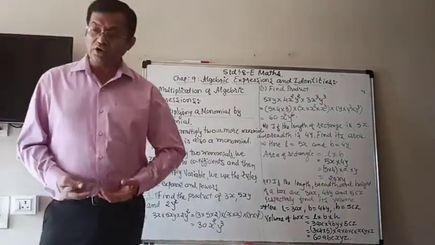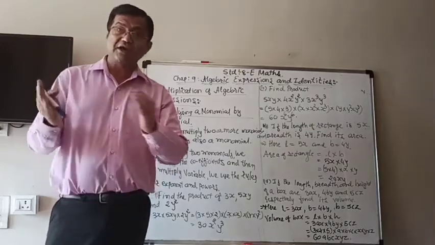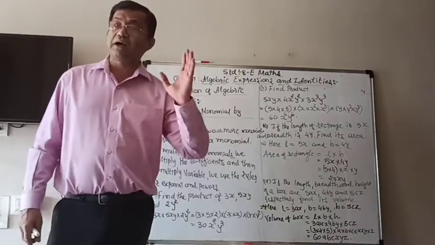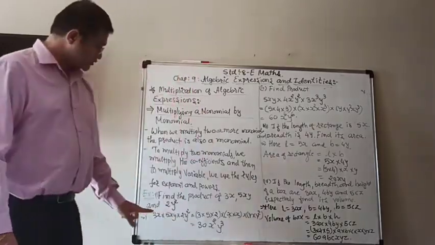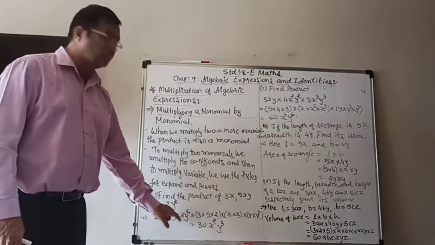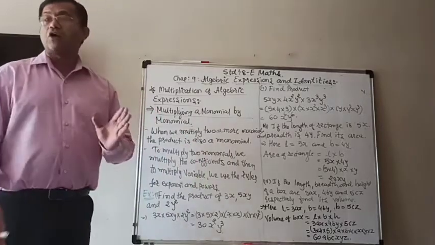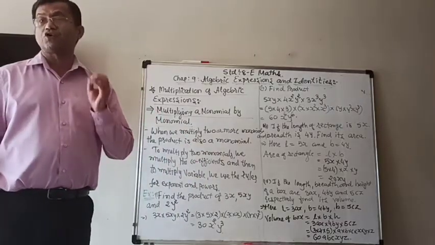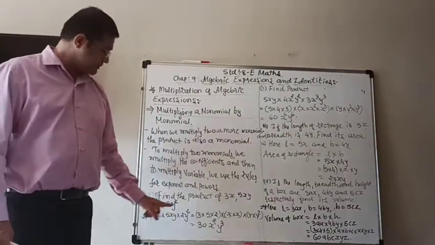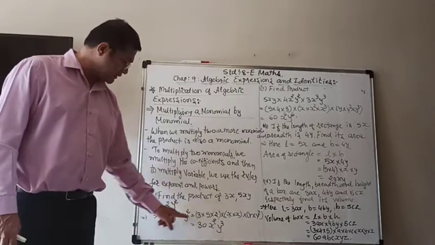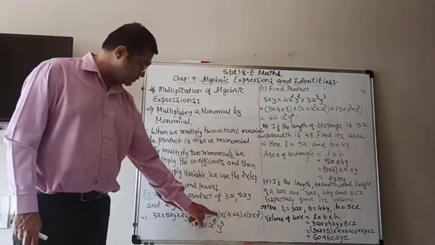As I told you, first we separate the coefficients. Here 3, 5 and 2 are the coefficients, so in the first bracket we write 3 multiplied by 5 multiplied by 2.